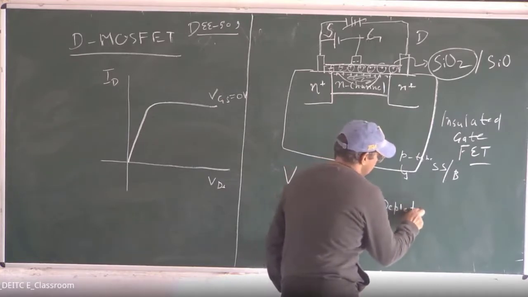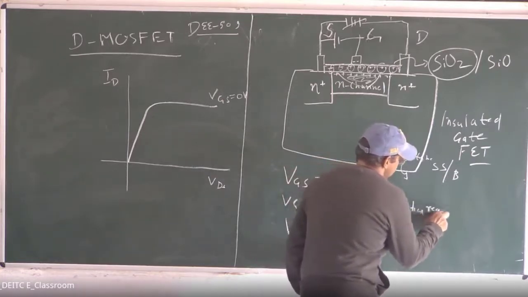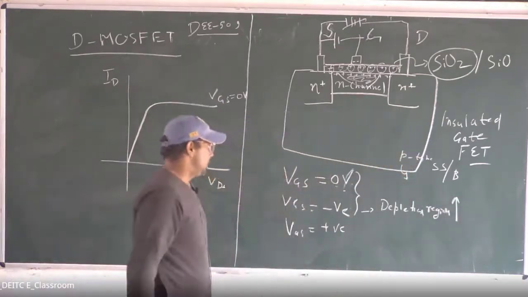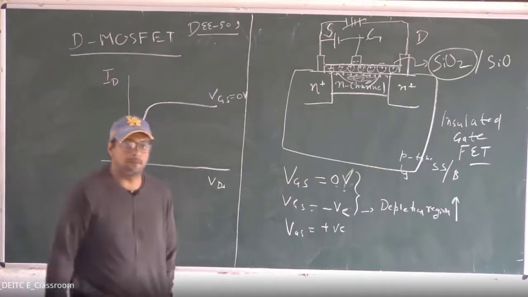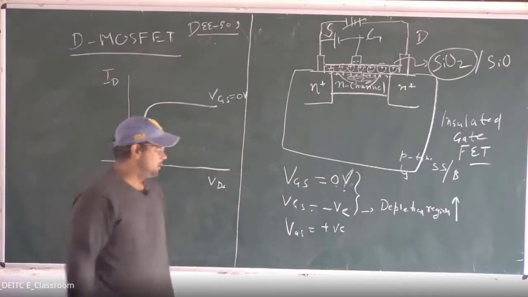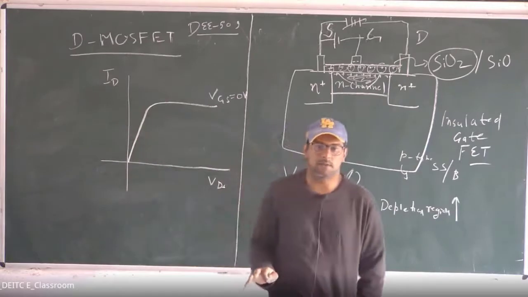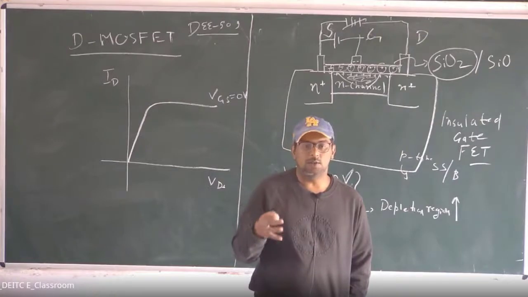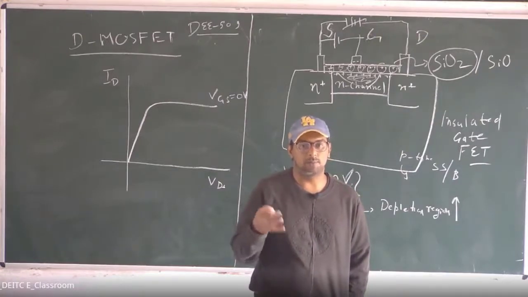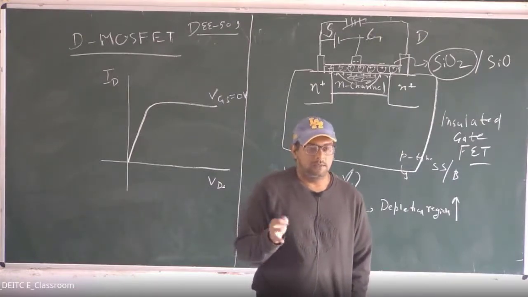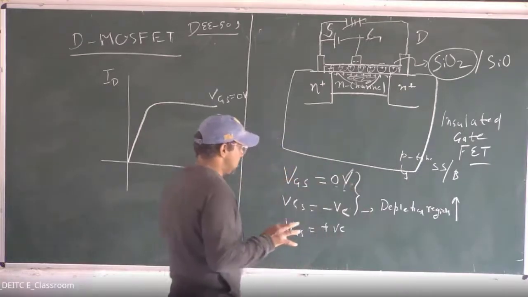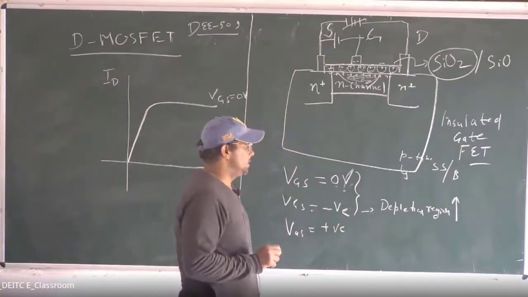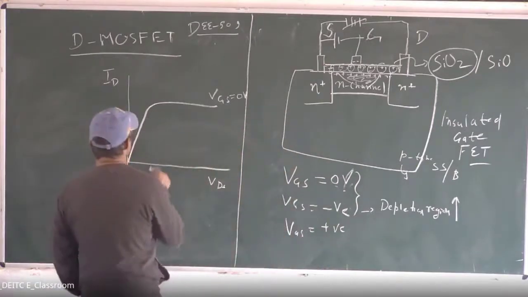As we keep on increasing the negative voltage between gate and source, the depletion region will keep on increasing. Why? We have already discussed it in the previous lecture. I am just recapitulating everything now because the continuity should not be broken, because we need to discuss the positive. The way negative is, positive is similar, okay. So VGS equal to negative. When we are applying the negative voltage, this depletion region will keep on increasing. So here you can see the characteristics.